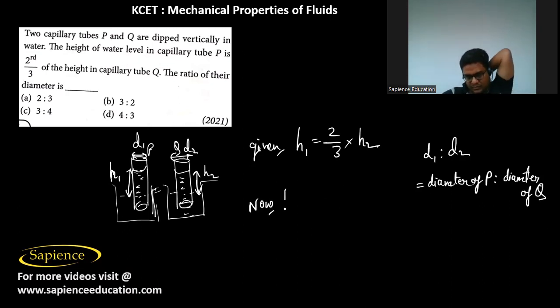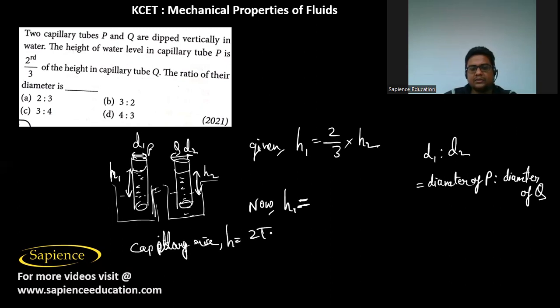Now, we know that the capillary rise h is equal to 2T cos theta by rho g r. Now T is the same, rho, the density of water, is also the same, theta, the angle of contact of water with glass, is also the same, and g is also constant.